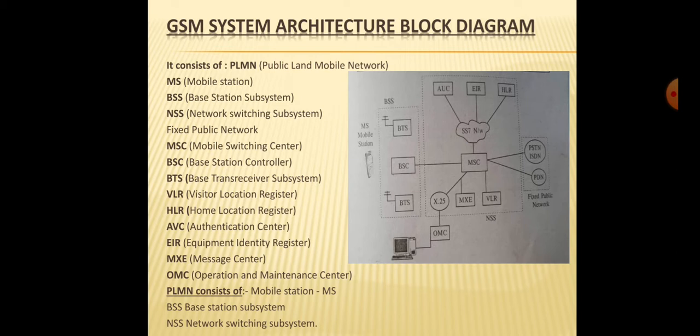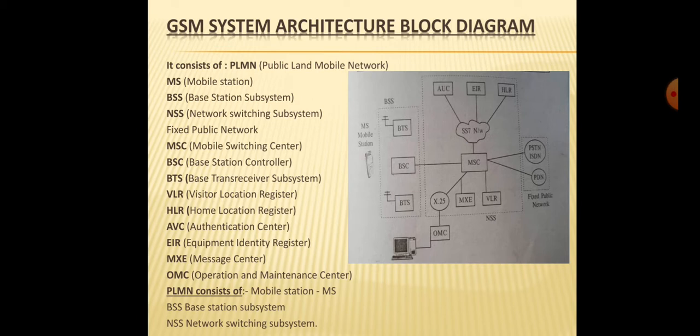The next one is mobile station, we will be seeing. Your mobile station is nothing but your mobile phone, okay. It consists of a radio transceiver, display and digital signal processor, okay. The mobile station also contains the subscriber identity module, that is, inside your mobile there will be a SIM, okay.